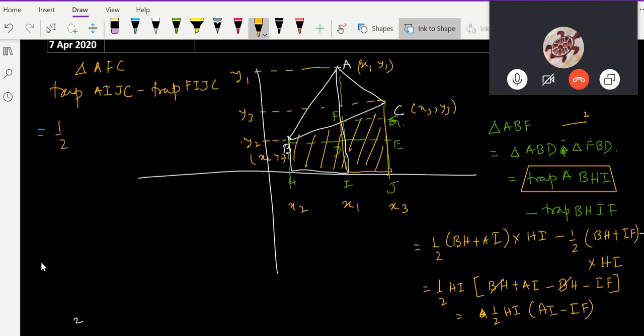Half into AI plus CJ into IJ, minus half FI plus CJ into IJ.